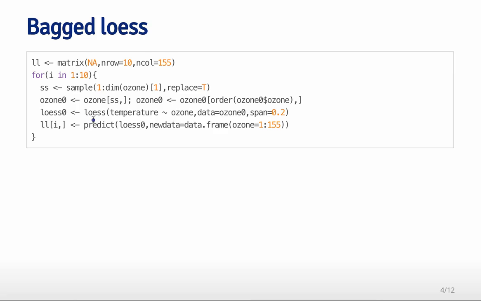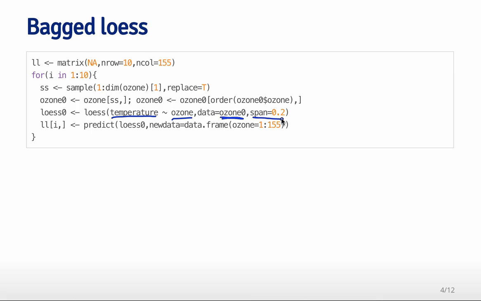A loess is a kind of smooth curve that you can fit through the data. It's very similar to the spline model fits that we saw in a previous example with modeling with linear regression. So the basic idea is we're fitting a smooth curve relating temperature to the ozone variable. Temperature is the outcome and ozone is the predictor. Each time I use the resampled data set as the data set I'm building that predictor on.